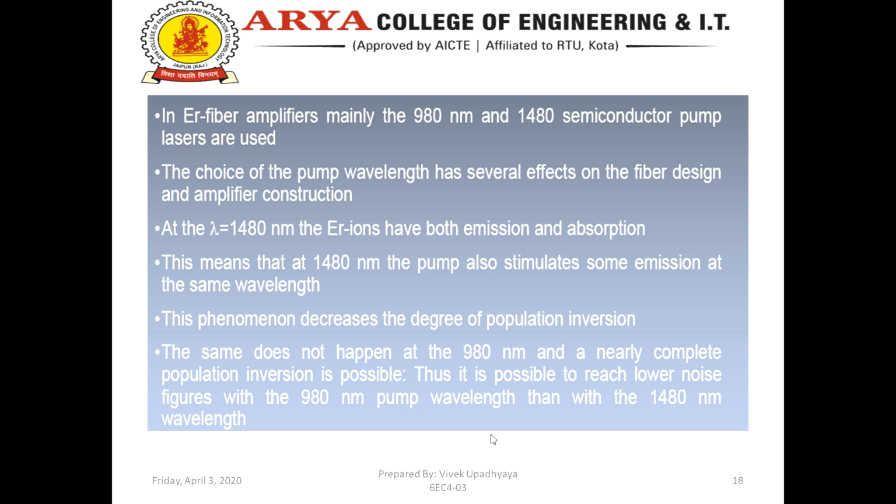This means that at 1480 nanometer, the pump also stimulates some emission at the same wavelength. This phenomenon decreases the degree of population inversion. The same does not happen at 980 nanometer, and a nearly complete population inversion is possible. Thus, it is possible to reach a lower noise figure with the 980 nanometer pump wavelength than with the 1480 nanometer wavelength.